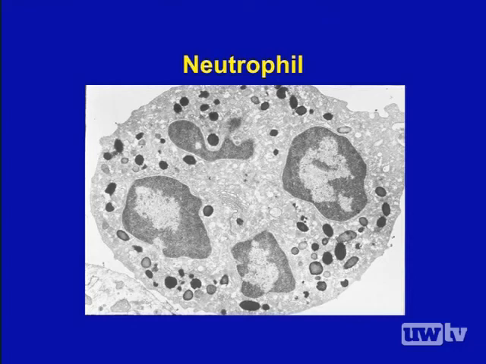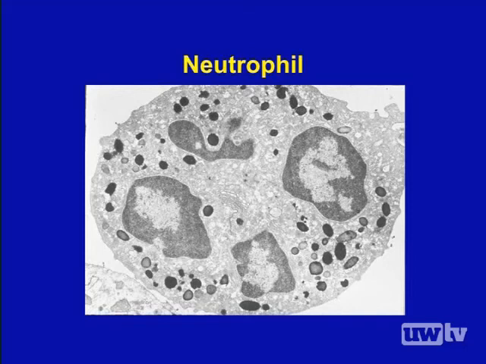These are the granules that contain the enzymes that are critical for our body to use in the process of killing microorganisms. Not seen so well in the background, though, there's a huge amount of glycogen. You may know that glycogen is the storage form for sugar, and neutrophils use a huge amount of glycogen in the metabolic burst that occurs when they capture bacteria and in the process of killing it.